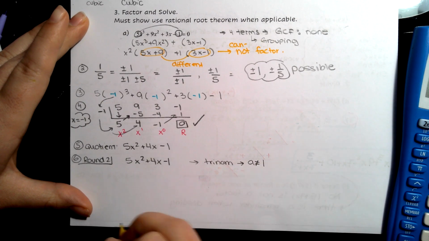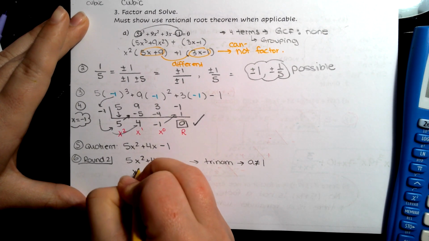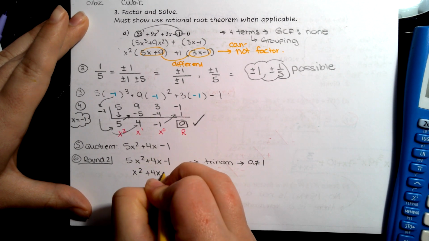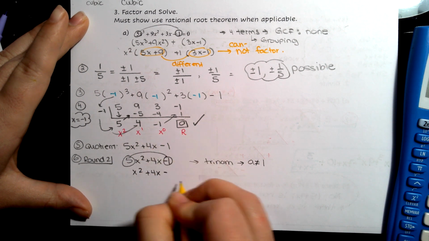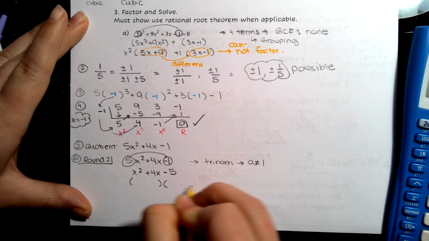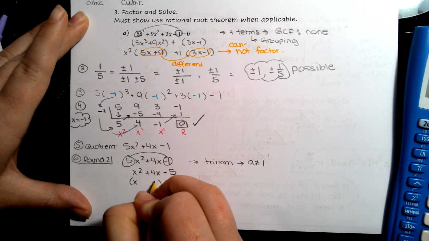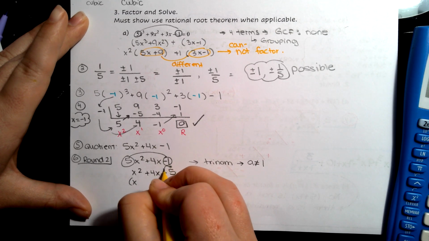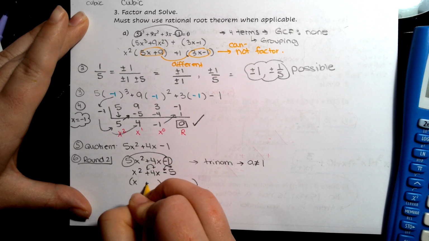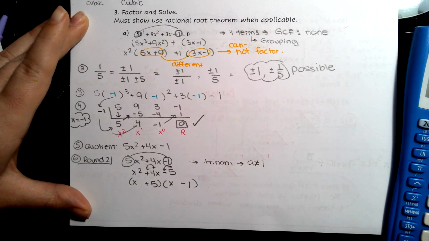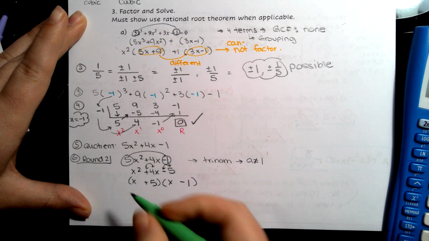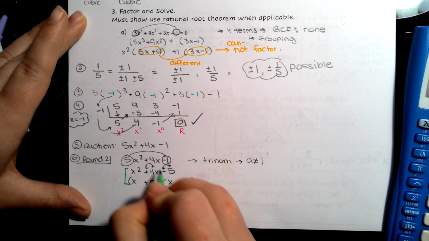Your A value is not 1. So we're going to use rainbow method, multiply 5 and 1 together, guess and check. Two numbers that multiply to a negative 5 but add up to a positive 4. So 5 and negative 1. Remember, this does not exist, so we have to divide by what we multiplied.